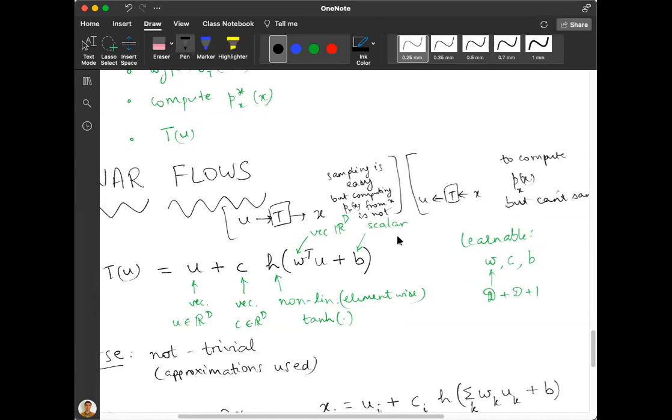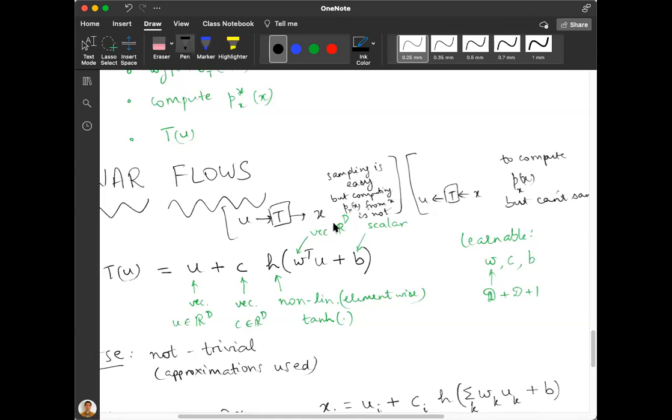With this one, sampling is easy, but computing P_X(x) from x is not. Of course, if you know u, if you are obtaining this x by sampling, so you know u, then it is easy. But if you don't know u, then it is difficult.